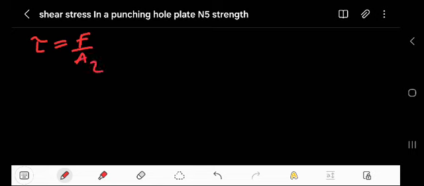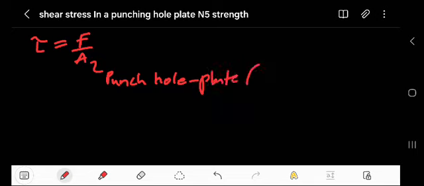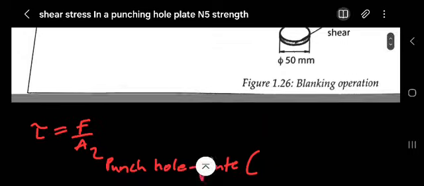Remember, the area is the punched hole, the area of the punched hole part of the plate. Remember, it depends on what kind of punch they used.